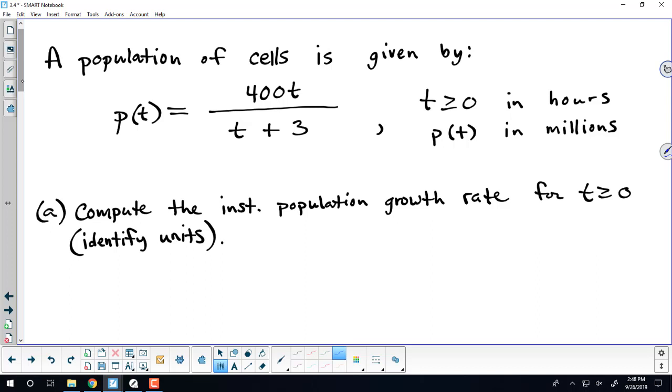So what does that mean I'm going to do here when I see compute the instantaneous population growth rate? Find the derivative. Right, so there's instantaneous rate that's associated with our derivative. So it says find p prime of t, and then describe the units associated with p prime of t.